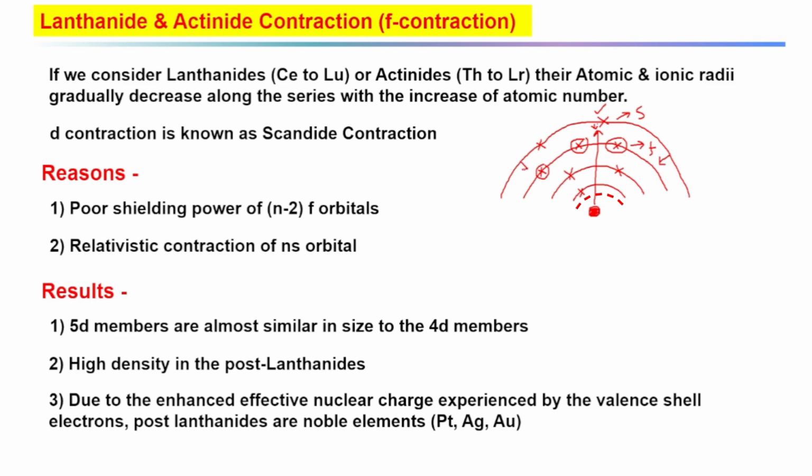The entire orbital, the radius or radial distribution function of this orbital, gets shrunk. Because of that, these electrons come closer, and the atomic and ionic radius of these f block elements decreases.